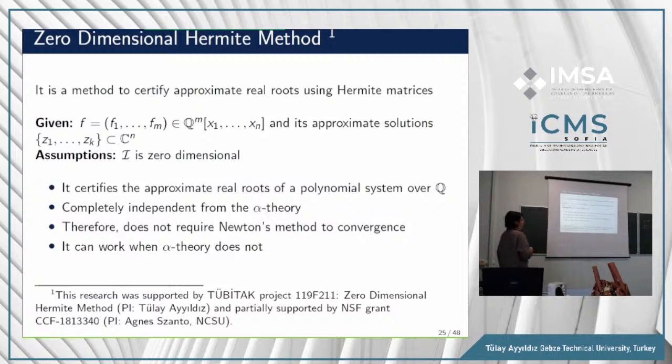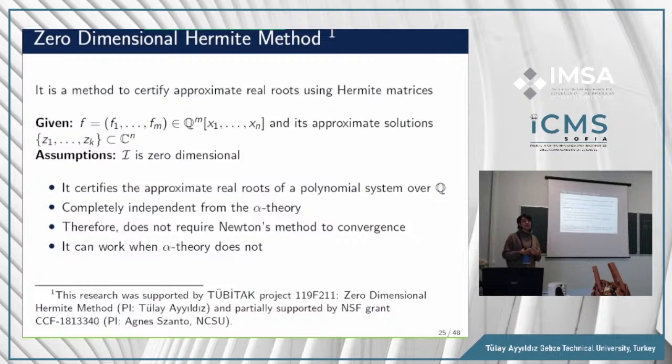So what we work on is the rationals, and our assumption is the ideal is zero dimensional. So we certify the approximate real roots of polynomial systems. Also, it works on just real roots. Another reason is that when you solve polynomial systems or any kind of differential system, only real roots have application in the real world. The complex roots are just complementary in the mathematics part.